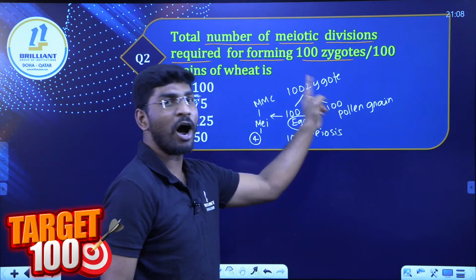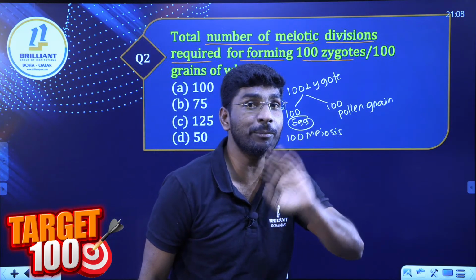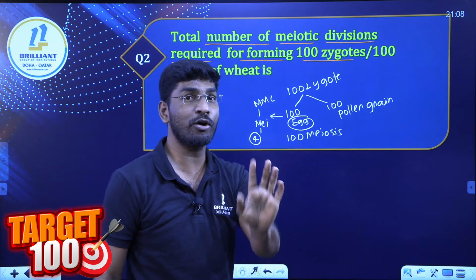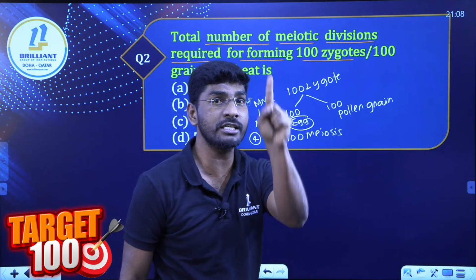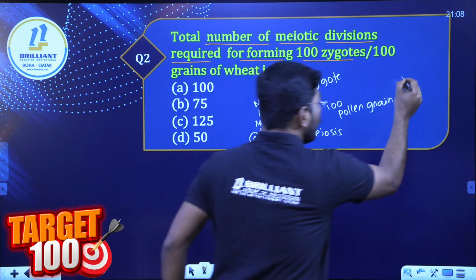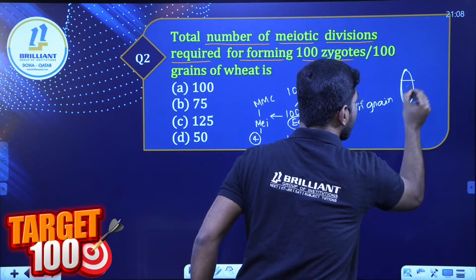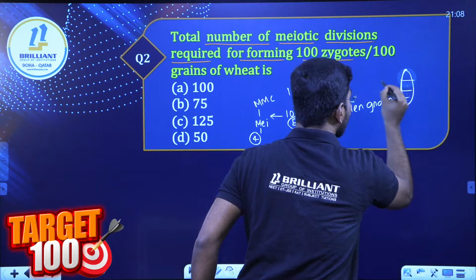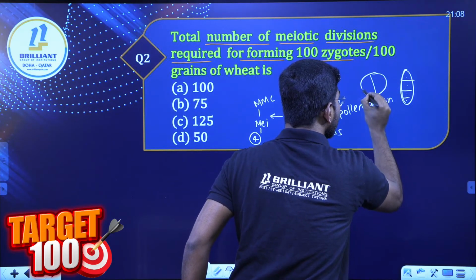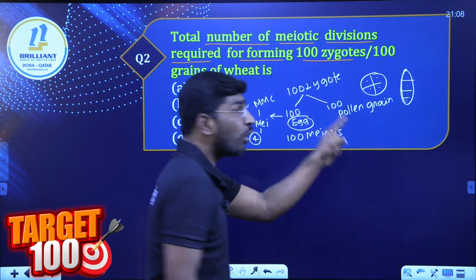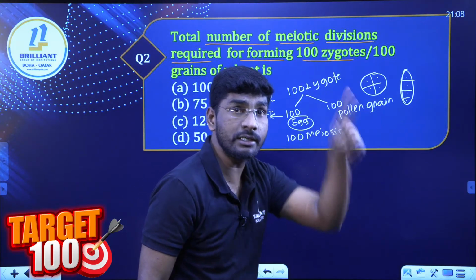Can you please tell me how many meiosis divisions for 100 pollen grains? If you recall the microsporogenesis topic, whether it is a linear tetrad or an isobilateral tetrad, in this tetrad all 4 become pollen grains.